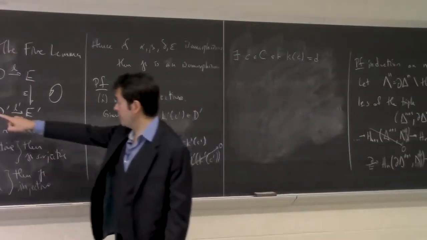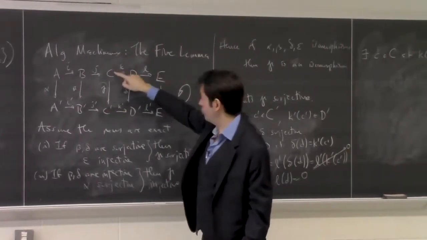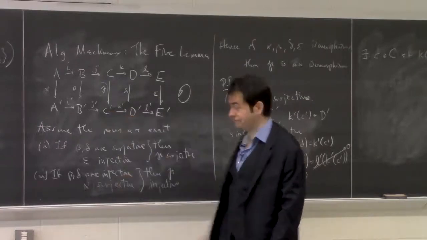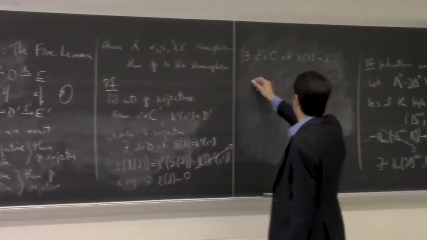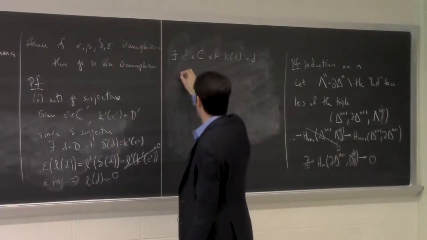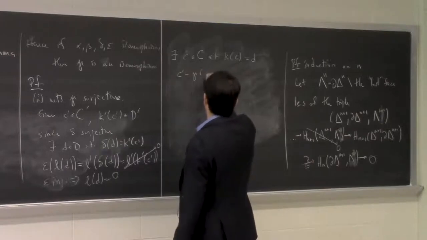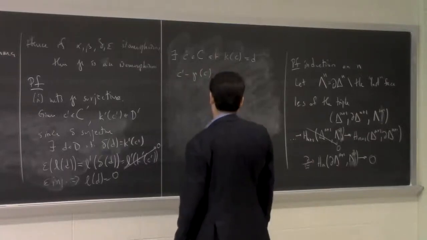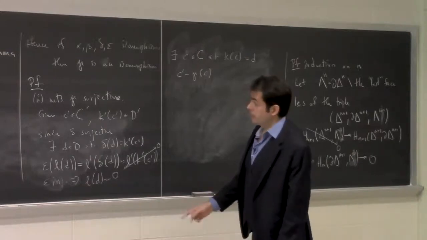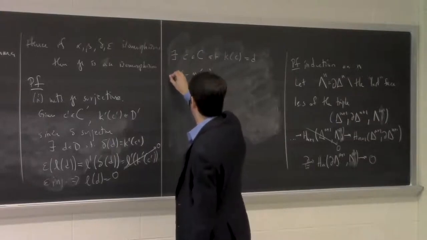So we started with an element here, and we've worked our way up to here. So of course, we hit it with gamma, and we try to see if we've won. So let's compare C prime minus gamma of C. So what can we do? We can hit this with K prime.